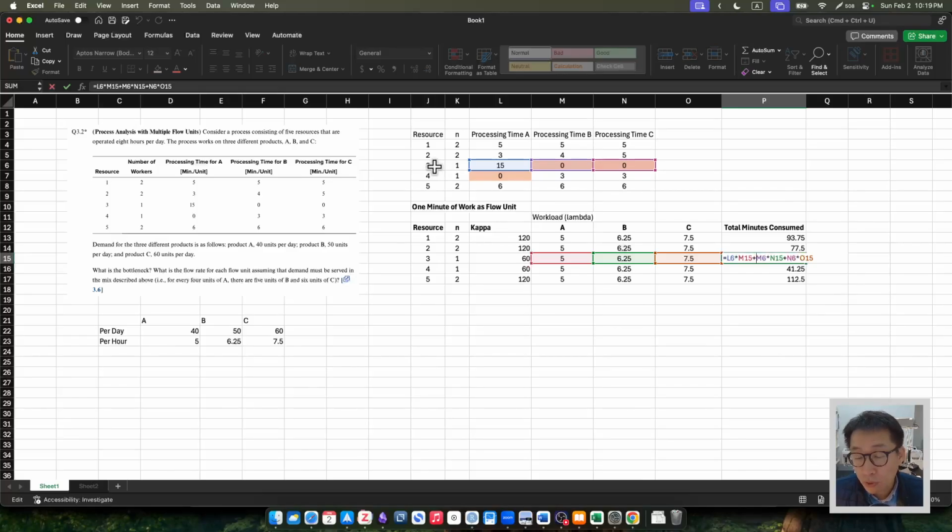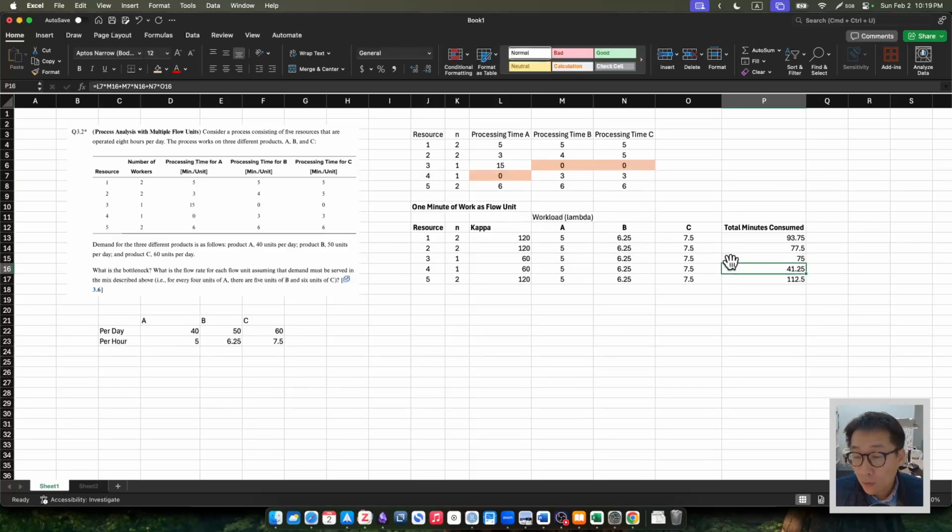I think the more intuitive interpretation is that flow units B and C don't really need to go through resource 3. So I think we got all of them right. I hope the process so far has been somewhat straightforward.